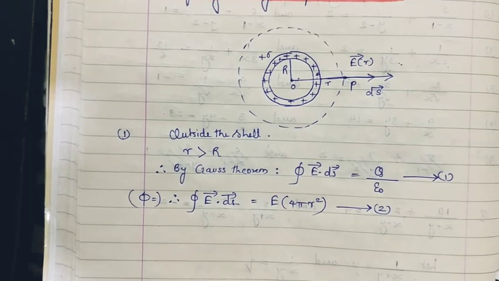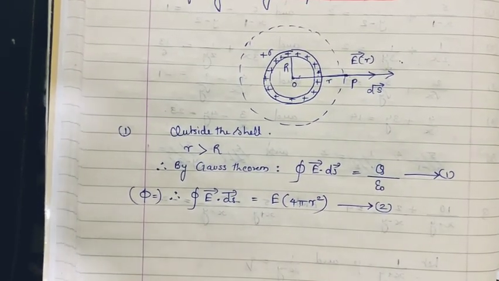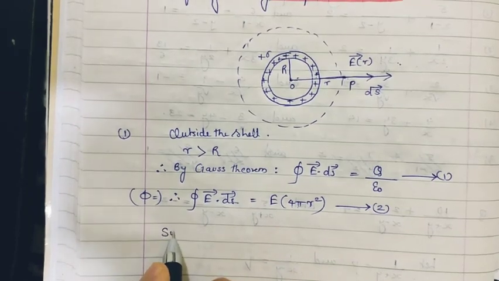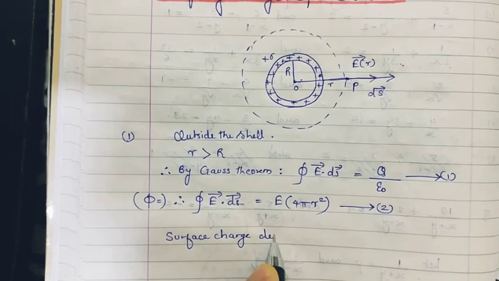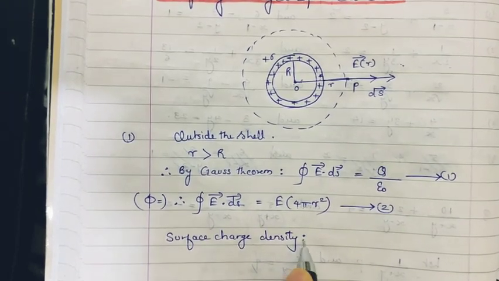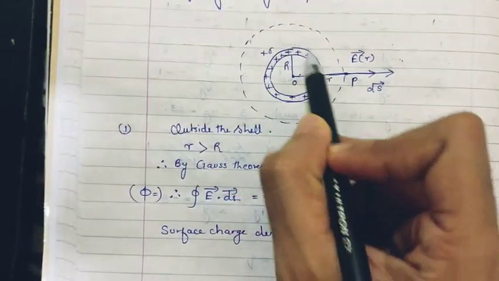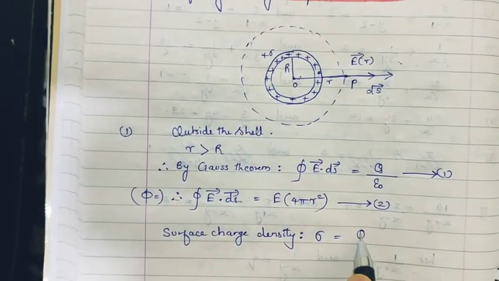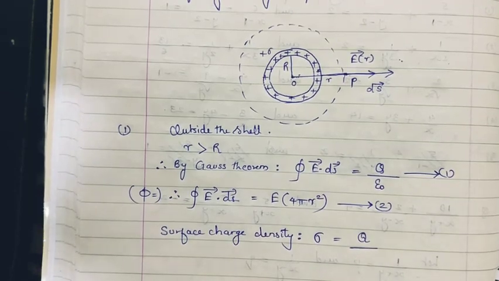Now let us write down the equation for the charge. Let us consider the surface charge density. So the surface charge density, that is sigma, will be what? The total charge enclosed inside this Gaussian surface that we have considered as Q, divided by the total surface area. Correct?